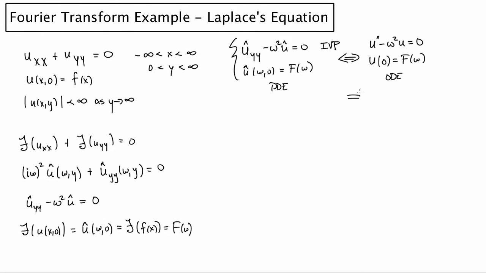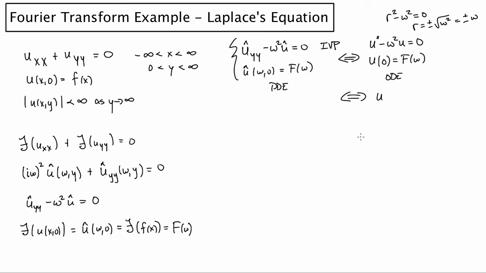If I think about the ODE version of this problem and solve it, then since this is a second order differential equation, I can solve it using the characteristic equation. So r squared minus omega squared equals 0. So r is equal to plus or minus the square root of omega squared, which is plus or minus omega.